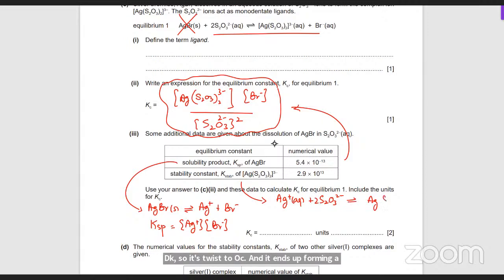Ag S2O3, कितने ये दो हैं? Bracket, and it's got a 3 minus charge. As it's got a 3 minus charge, बस ठीक है, ये ligand exchange. So it's when a metal complex is formed, when a ligand exchange happens, और आपका जो aqueous ion है, it undergoes ligand exchange.